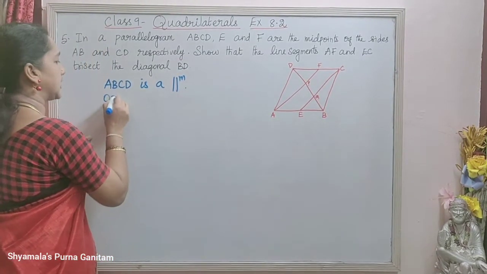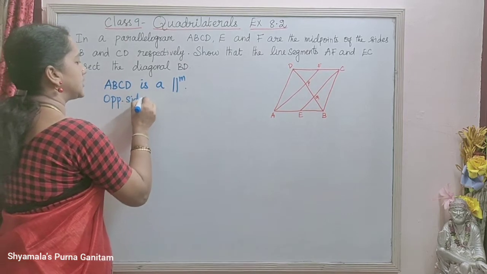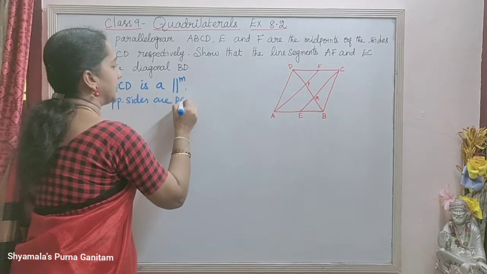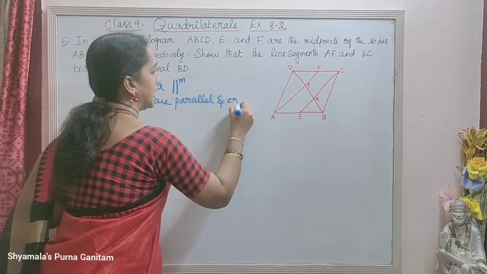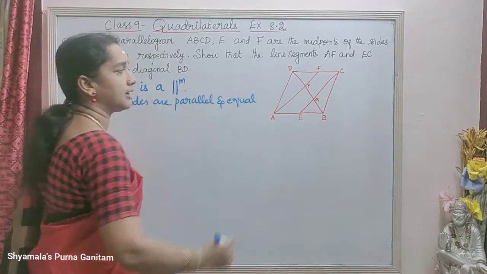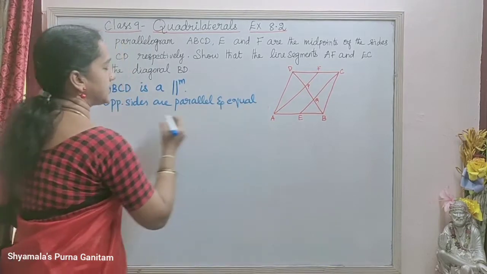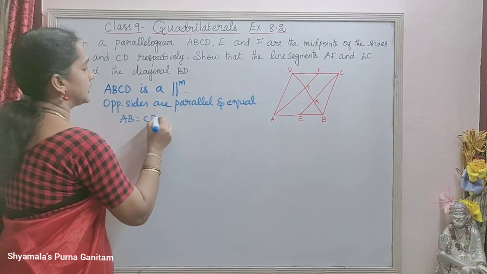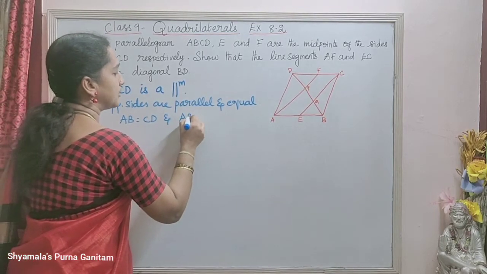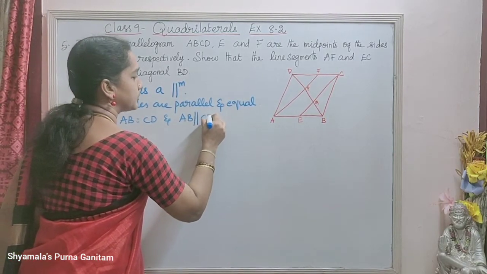So opposite sides are parallel and equal. That is, AB is equal to CD and AB is parallel to CD.